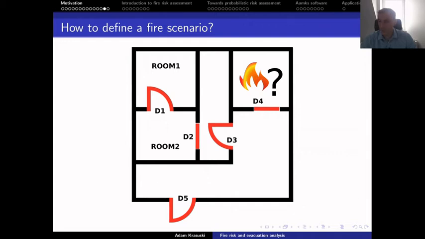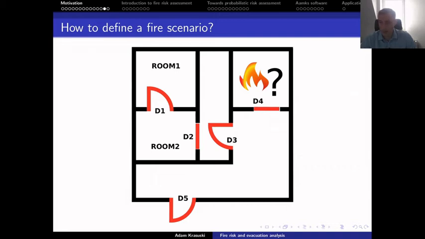Without proper, explicit handling of the probability of such a fire, we just don't know. We don't know whether the probability is low enough that we may exclude this fire scenario from the analysis.